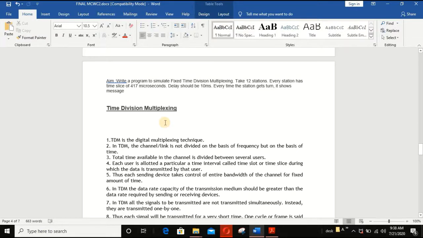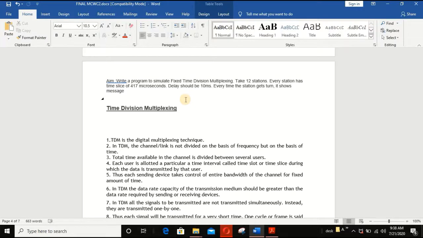The technique is used to transmit signals over a single communication channel by allotting one slot to each message. Of all the types of time division multiplexing, the main ones are synchronous as well as asynchronous time division multiplexing. Synchronous TDM means the input is connected to the frame.